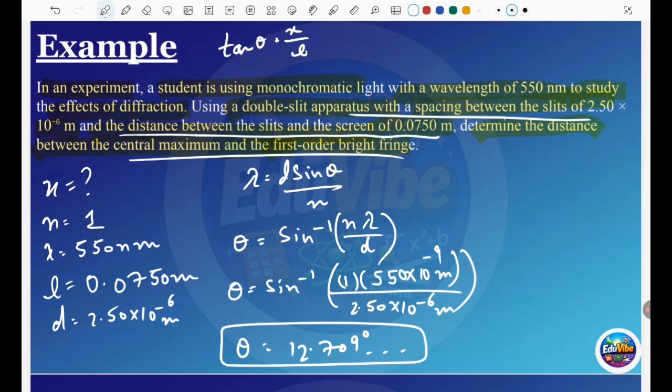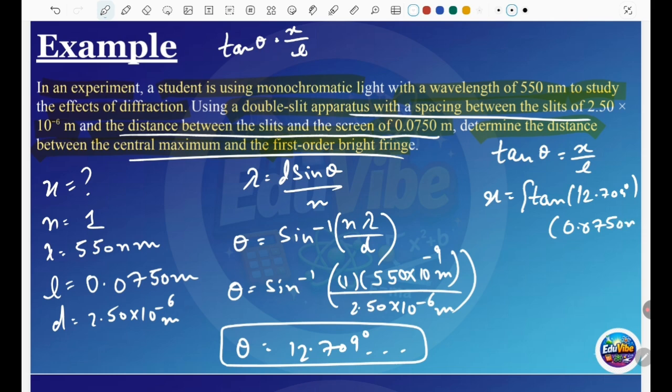So if you want to find x, you can find it with that formula because it has the x value in it. x is theta, which has the value of 12.709 degrees, multiplied by L, which is 0.0750 meters.